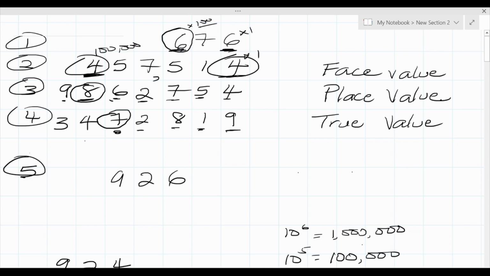All right, number 5. Using the numbers 9, 2, and 6. So here we have our 9, 2, and 6. It says, what is the smallest number you can make with 6 in the tens place? All right, and for options, they give us the following options.